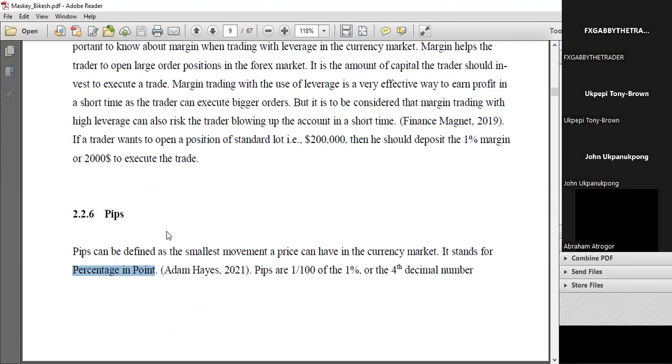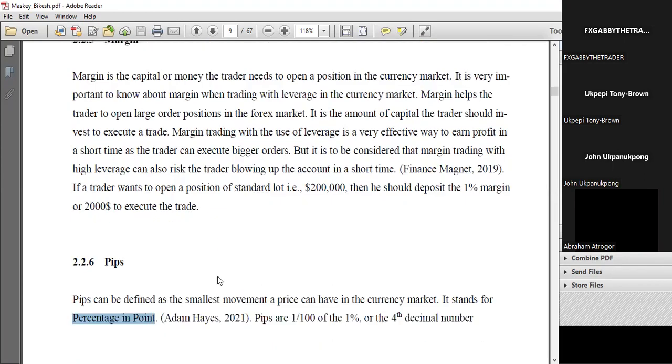So remember, if you recall yesterday when I was gisting you about the simplest way to describe what a pip is, I told you about how you normally describe a distance in real life.